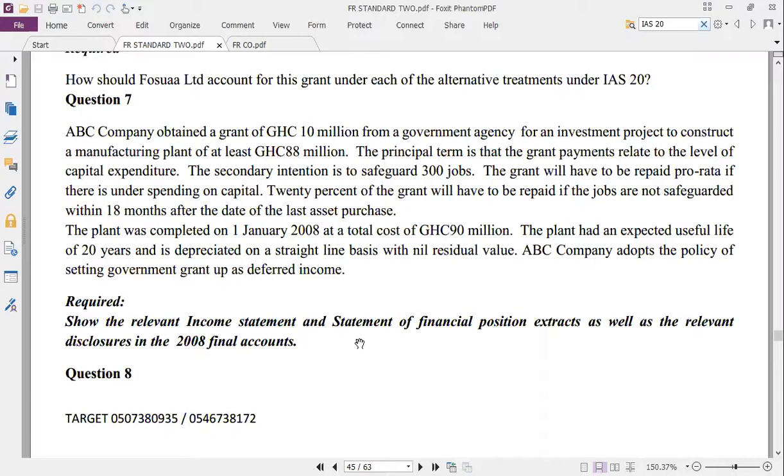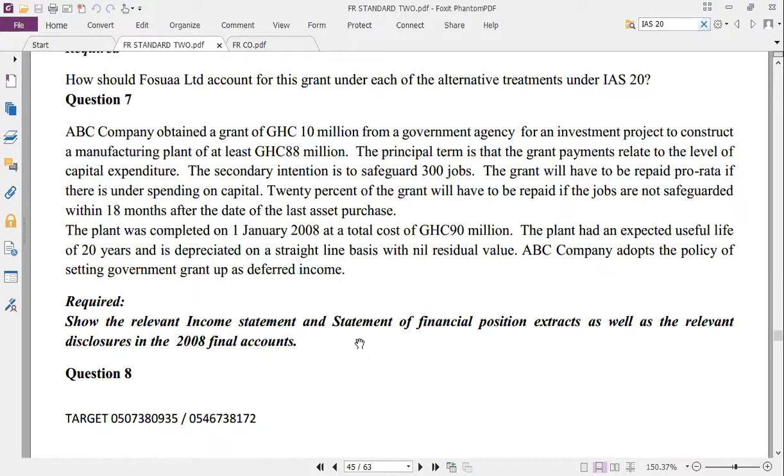ABC company obtained a grant of 10 million from a government agency for an investment project to construct a manufacturing plant of at least 88 million. The principal term is that the grant payment relates to the level of the capital expenditure. The secondary intention is to safeguard 300 jobs.